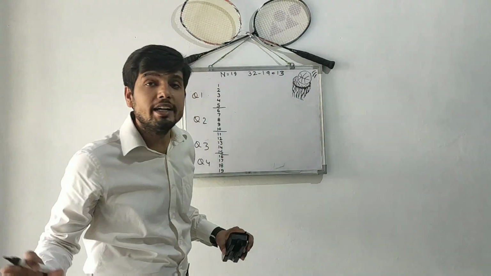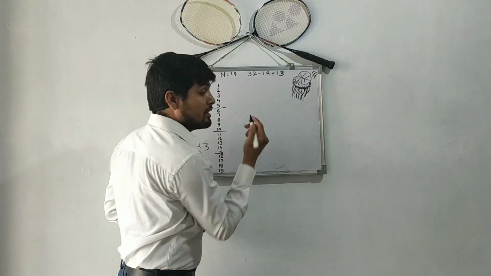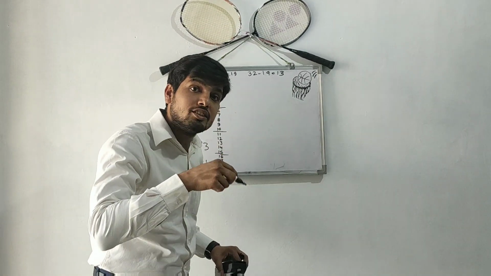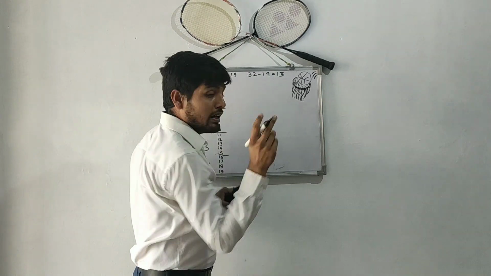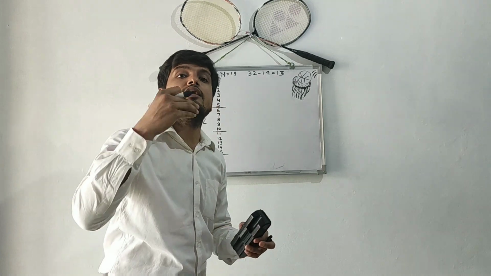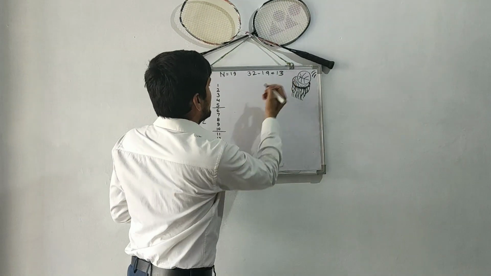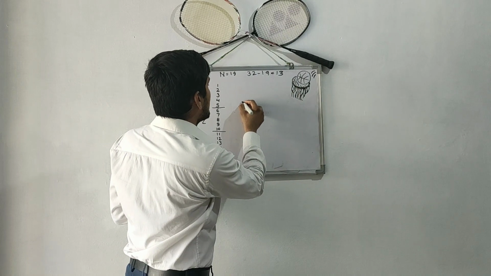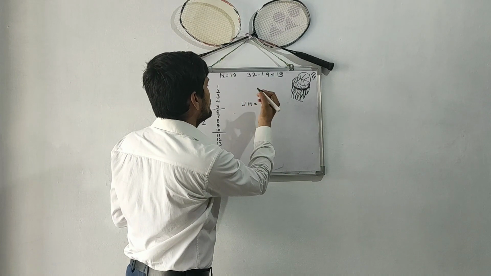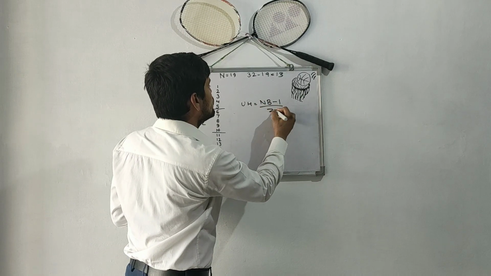Now we have to allot the byes, total byes is 13. Now this formula is useful. First, you have to find the total number of byes in the upper half and the lower half. The upper half formula is NB minus 1 divided by 2.